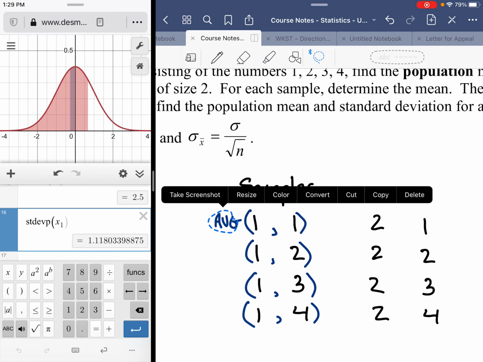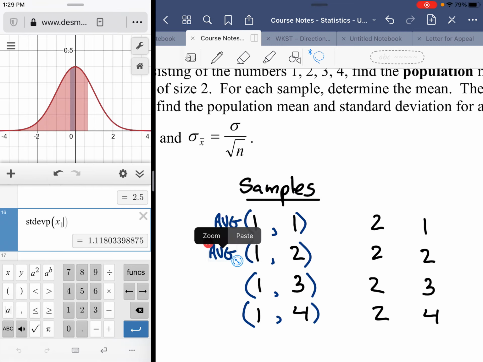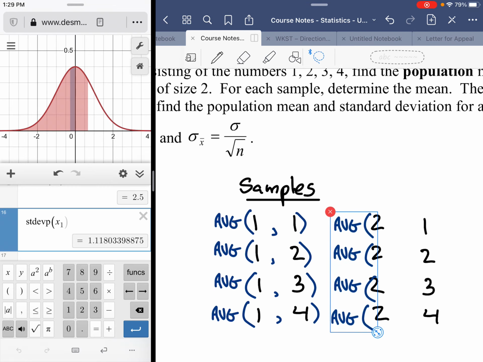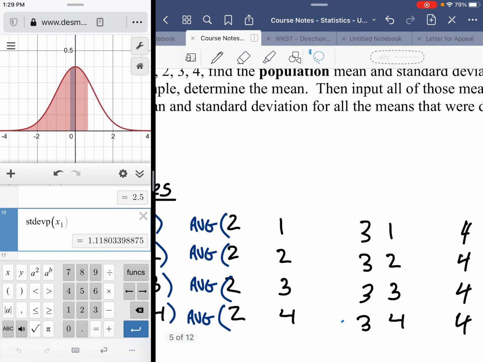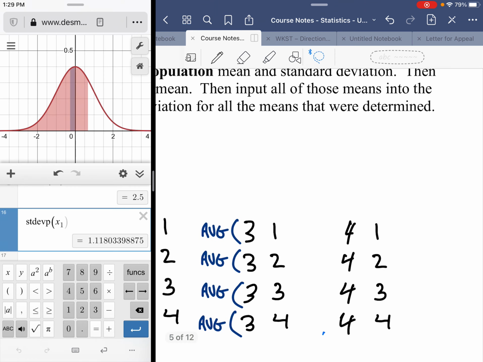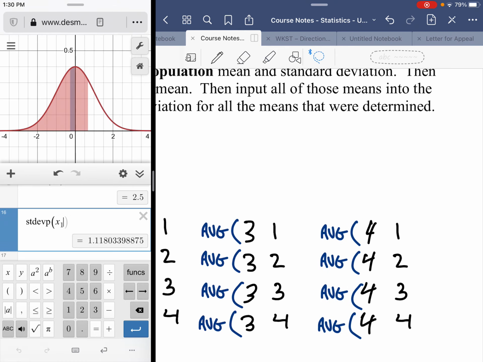That I think I do have to copy paste. Give myself a little bit more space here.